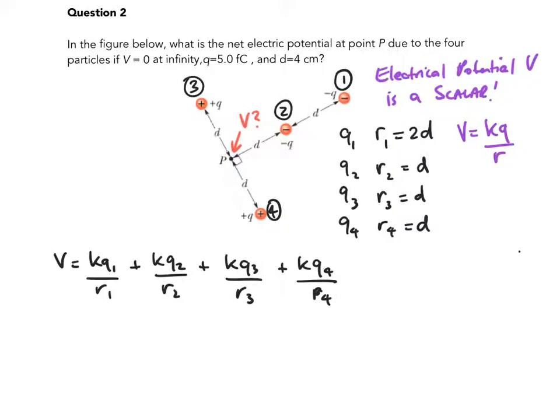We're just adding them up as scalars. They all add up at that point. We can make that look neater by taking our KQ out the front because the Qs are the same size. The Q is just 5 femtocoulombs.